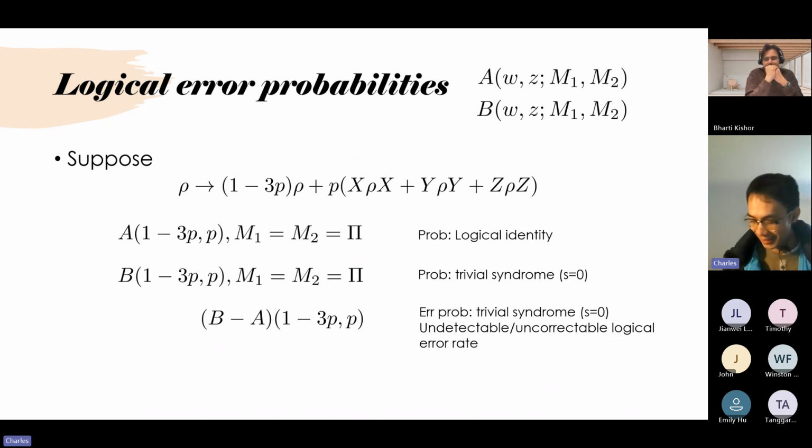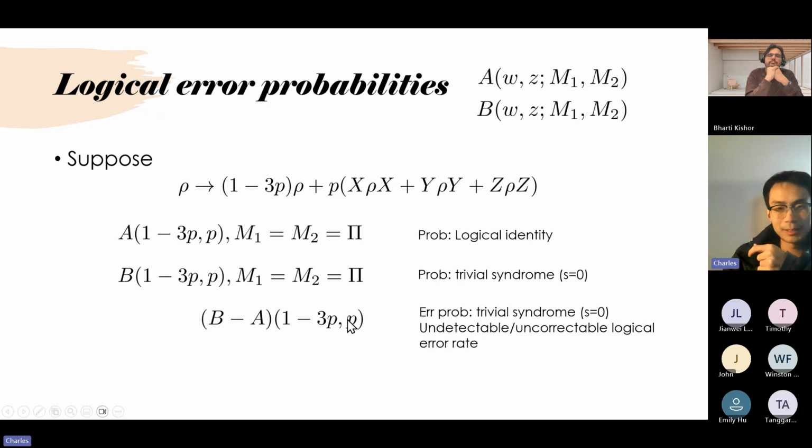One of the nice applications is to compute logical error probabilities. For example, if you have a code where each individual qubit is going through a depolarizing channel, you can just plug the error probabilities for the identity error and for the X, Y, Z errors into the polynomial, into W and Z. In this case, it computes the probability that the errors will lie in the logical identity.